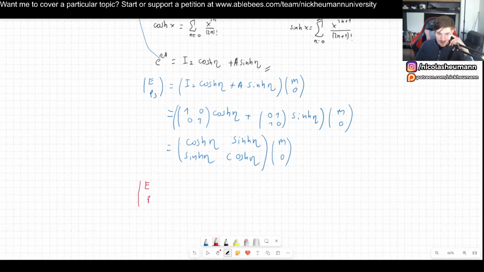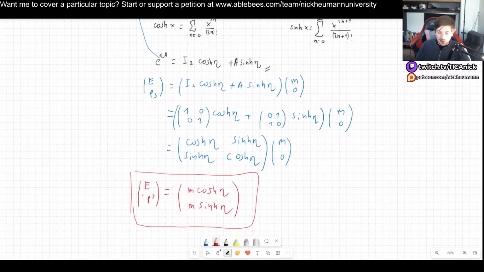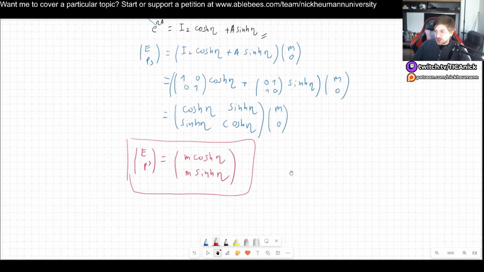So this times this is going to be m cosh eta, and then this times this is going to be m sinh eta. And that's our little result here. That's what we get for the transformation here.